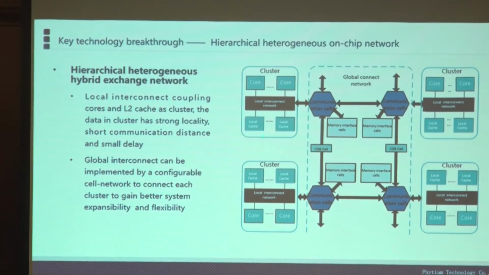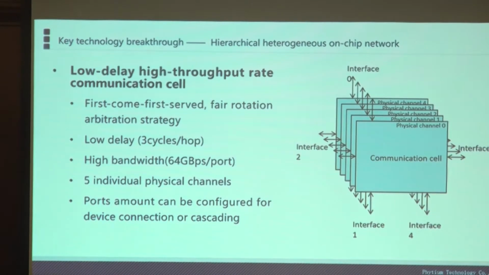The data in the cluster has strong locality and short communication distance, and therefore small delay. And the global interconnect can be implemented by a configurable cell network to connect each cluster to gain better system expandability and flexibility.